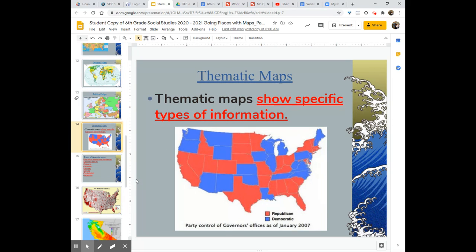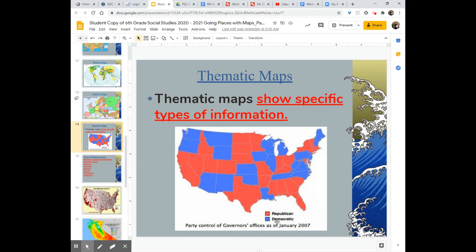Going to the thematic maps, they show specific types of information. For example, looking at this historical map of governor's offices back in 2007, we would be able to see that Texas has a Republican governor and Louisiana has a Democratic governor. How do we know that?